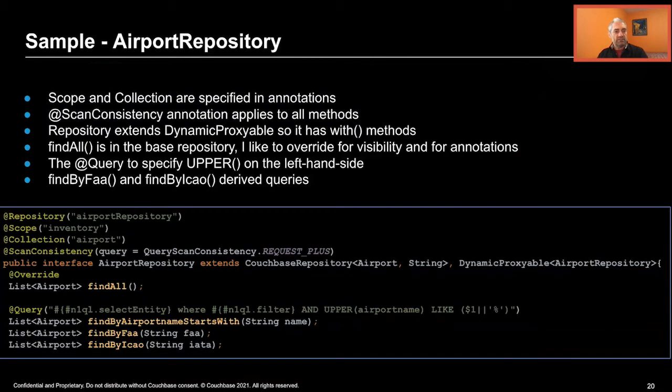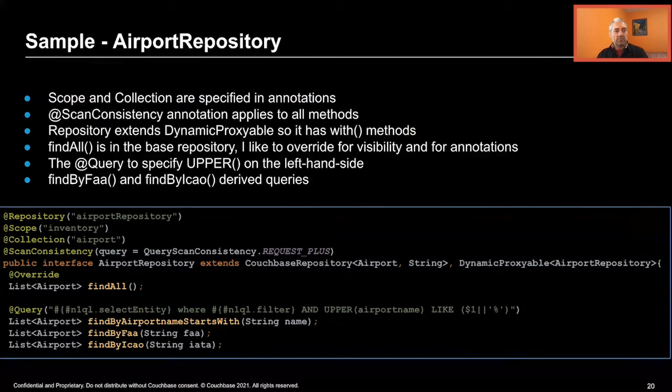Then there's 3 different methods in here. This finds by the FAA code. FAA code is the 3-letter airport code that you always see. ICAO is a 4-letter international code, much like the FAA codes.